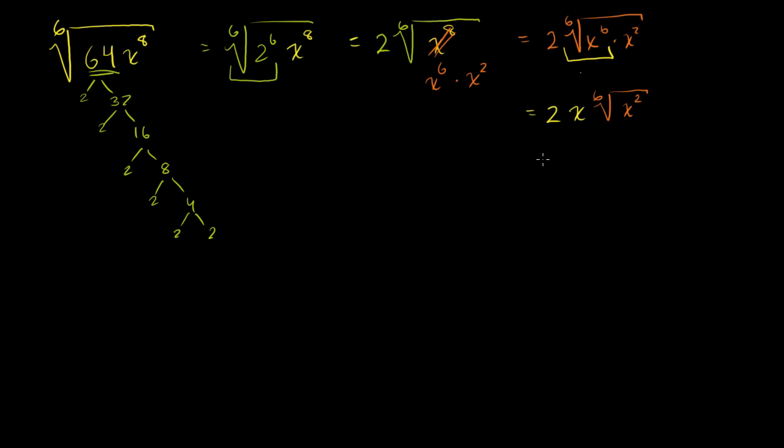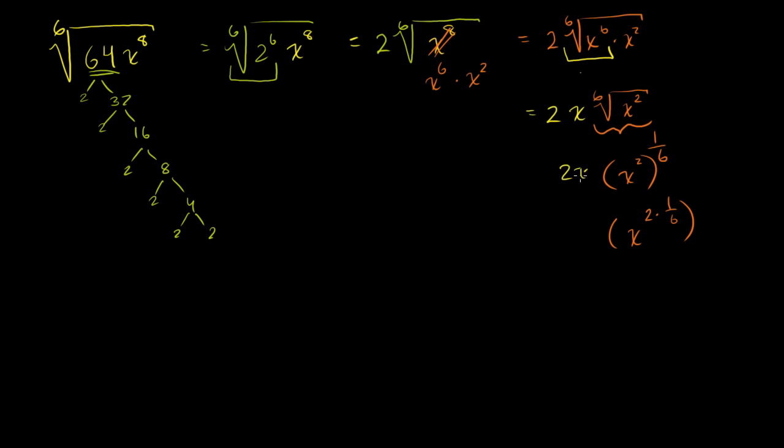Now, we can simplify this even more if you really think about it. Remember, this expression right here is the exact same thing as x squared to the 1/6 power. And if you remember your exponent properties, when you raise something to an exponent and then raise that to an exponent, that's equivalent to x to the 2 times 1/6 power. Let me not forget to write my 2x there.